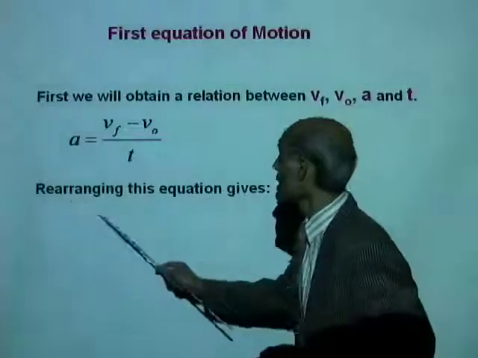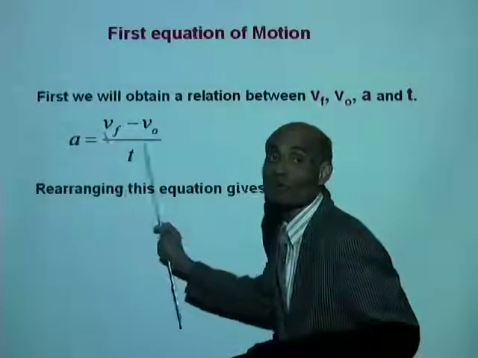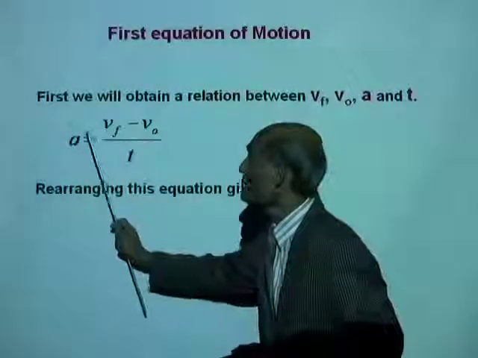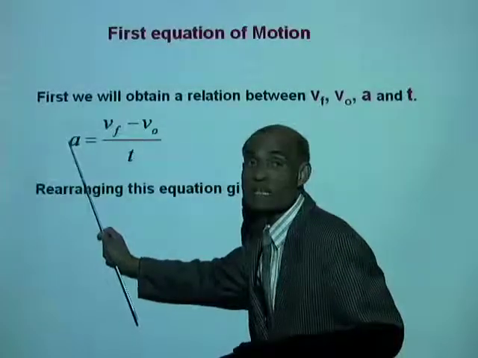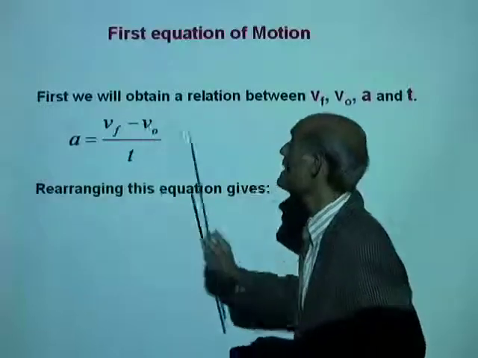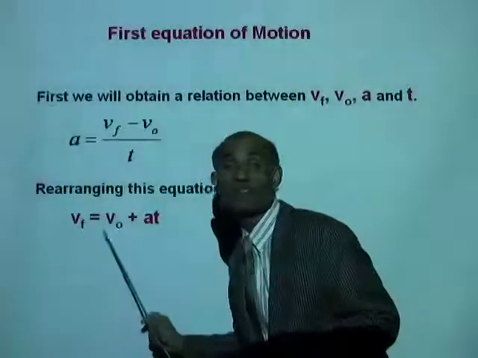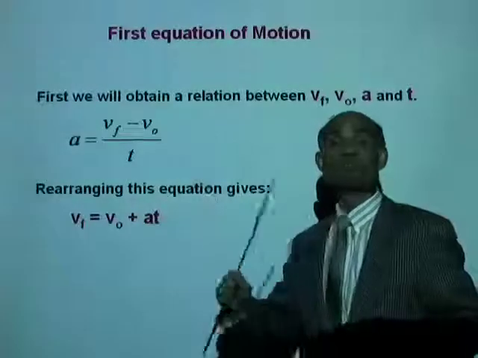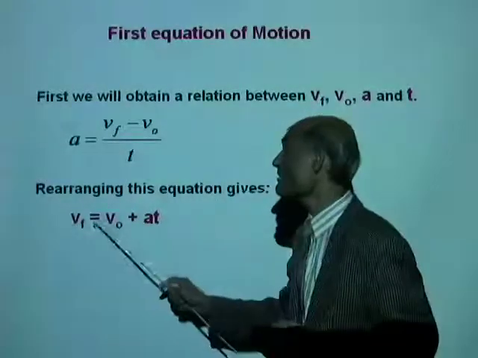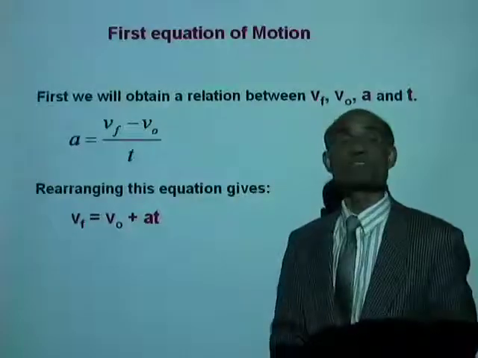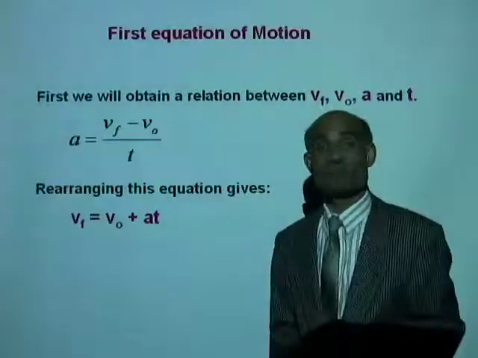Well, rearrange this. Multiply both sides by t. I can write a times t equal to Vf minus V0, or rearrange that and we get this beautiful equation: Vf equal to V0 plus at.